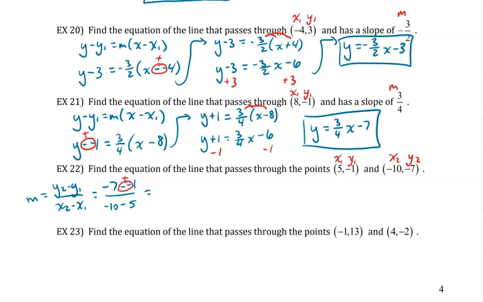So -7 plus 1 is -6, over -10 minus 5 is -15. Next up, -6 divided by -15. We can reduce that fraction at least. First off, the negatives cancel out, and both of them can be divided by 3, so we end up with 2/5.